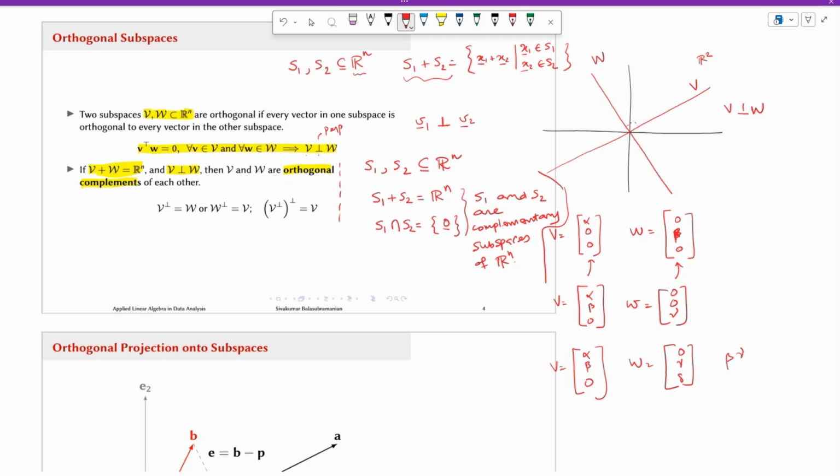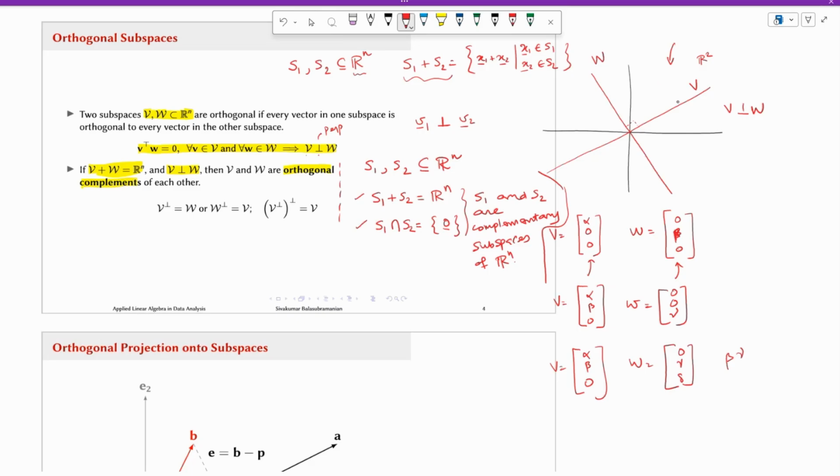Now let's come back to this example, V and W. Are they complementary subspaces? You'll have to argue that they satisfy both of these conditions. Can you get any vector in Rn? If you add these two subspaces, will you get all vectors in Rn? You will, right?